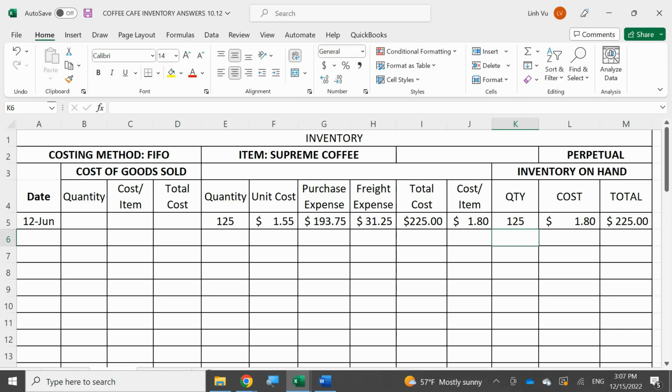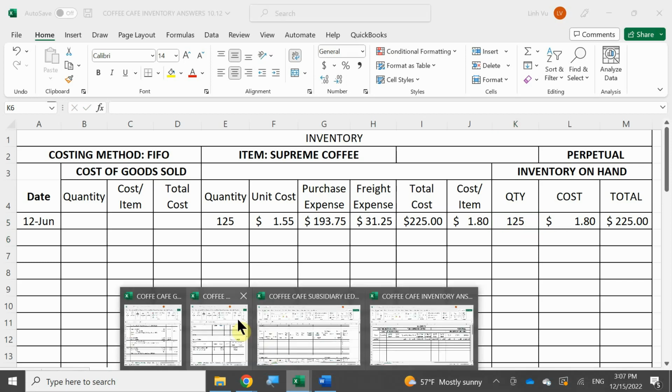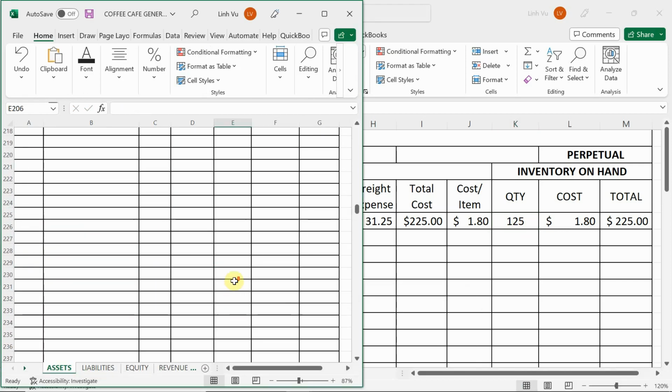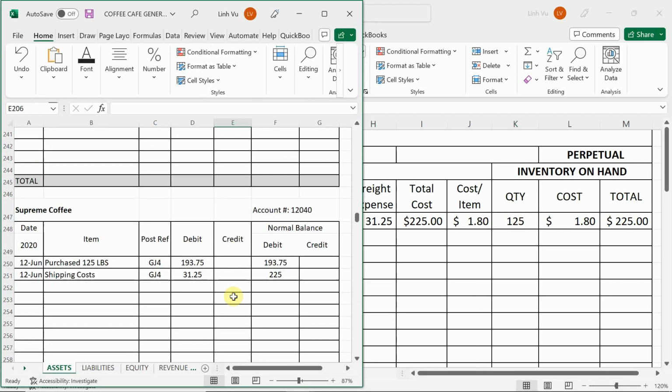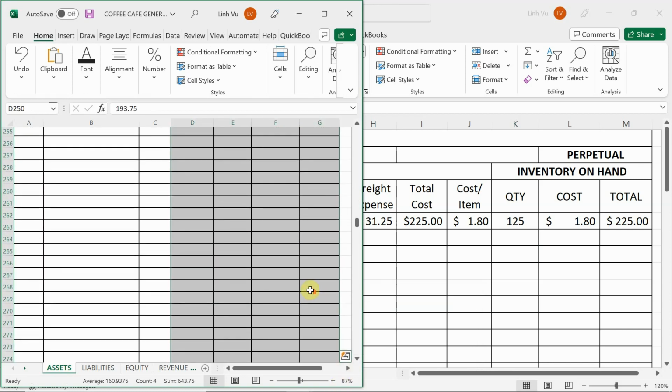All right, and does that match your ledger? Yes, it does. Right here, my current balance in my Supreme Coffee account is $225.